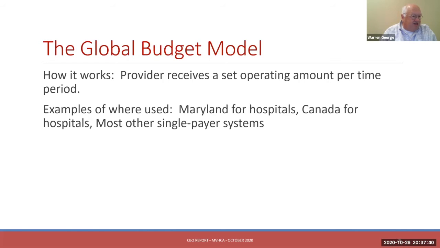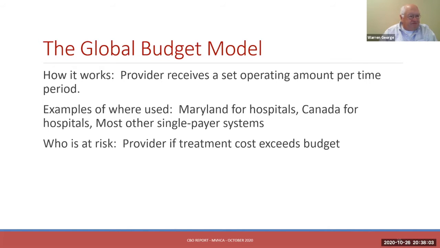Canada uses it for hospitals, and it's used to some extent in almost all other single-payer systems internationally. Other examples of global budget outside the healthcare field would include public schools and other public services, where there is just an annual budget and you're sent to go do the job.